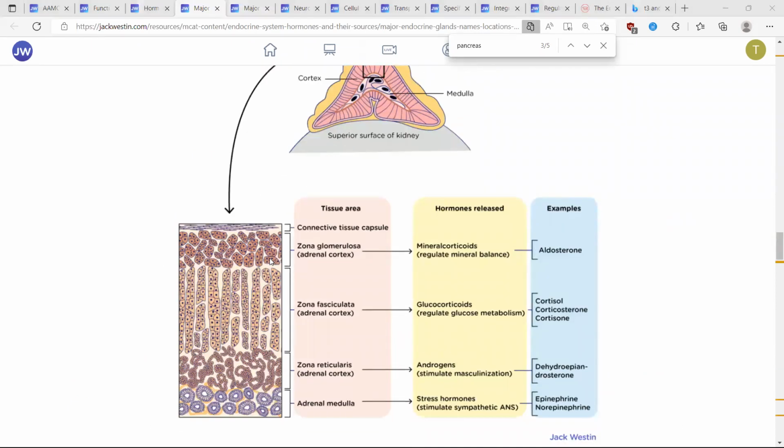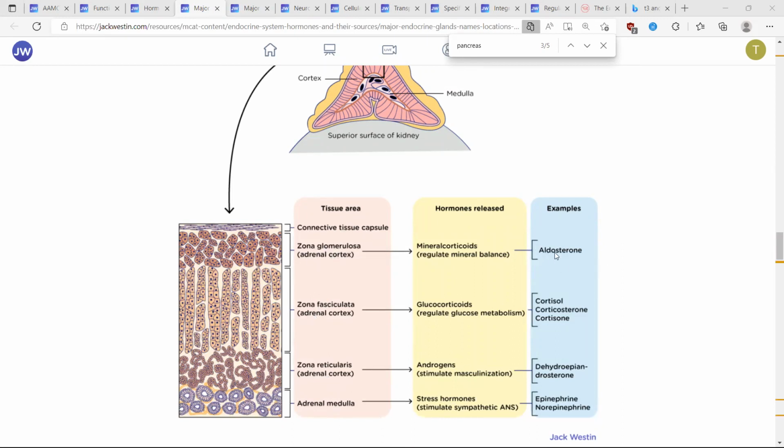There are also different zones of the adrenal gland. The cortex is made of three different zones, and each of them produces different things.